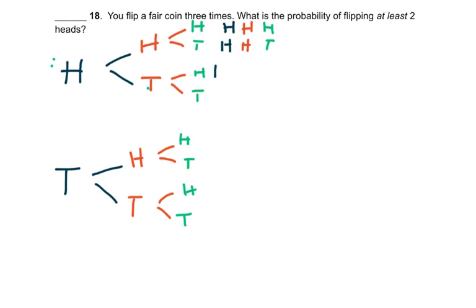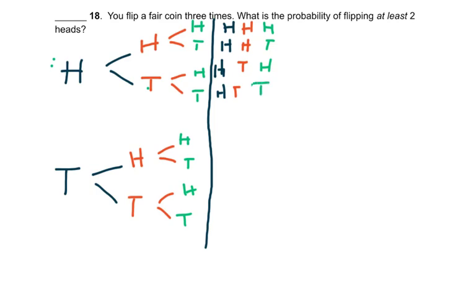Next, it can be heads the first time, tails the second time, and heads the third. Or you can do heads the first time, tails the second time, and tails the third time.